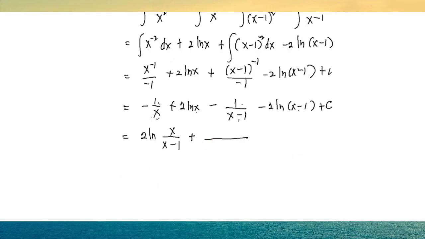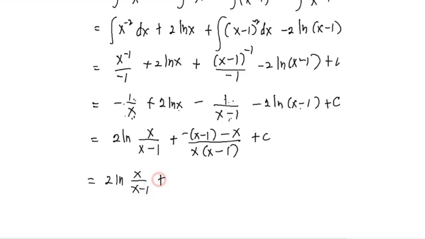So, by criss-cross multiplication, and we would have to denominator x minus 1, x minus 1 times negative 1, so that's negative x minus 1. And x times negative 1, so that's negative x plus c. And we have here 2 ln of x over x minus 1 plus negative x minus x, so that's negative 2x.